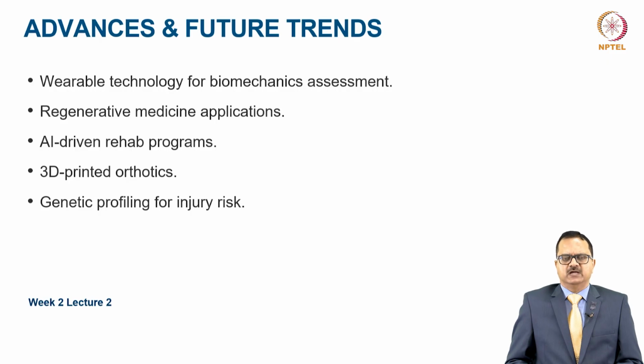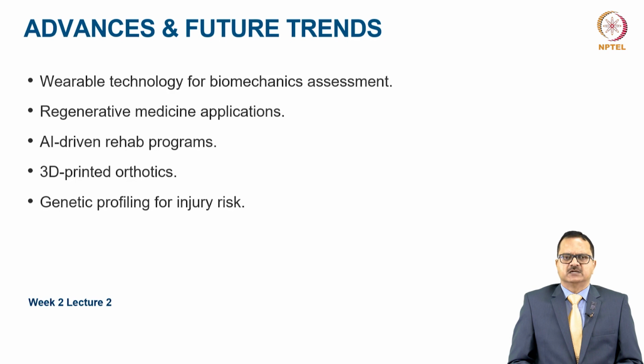Artificial intelligence driven rehab programs are coming in a big way because these help the practitioner allow minute day-to-day adjustments in the rehab program depending upon how the athlete is performing.